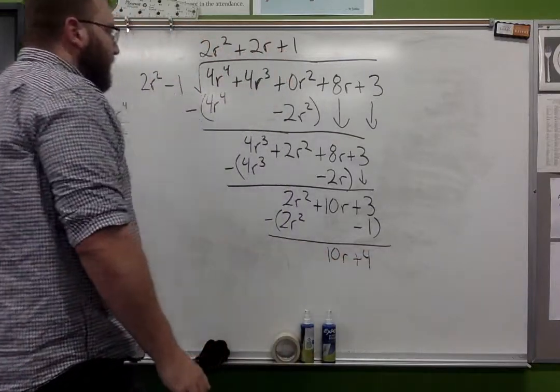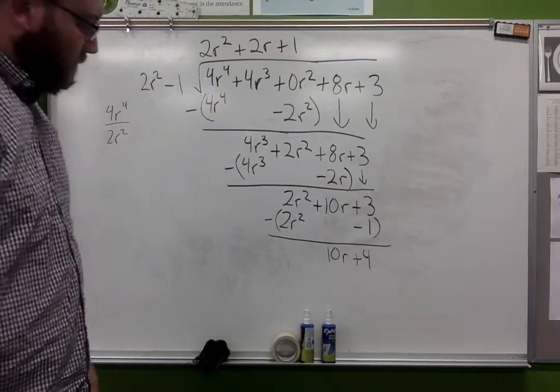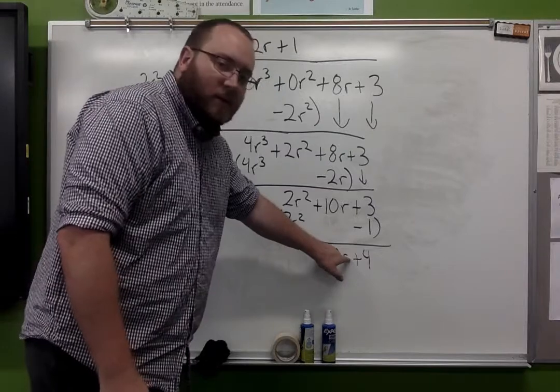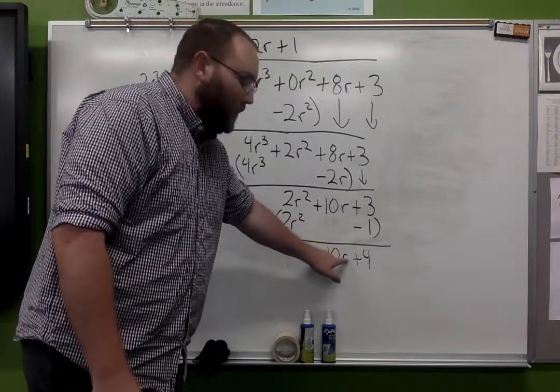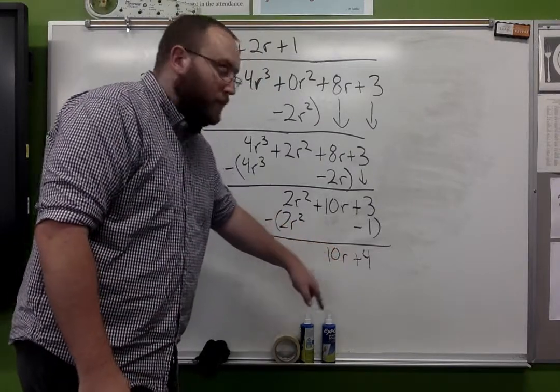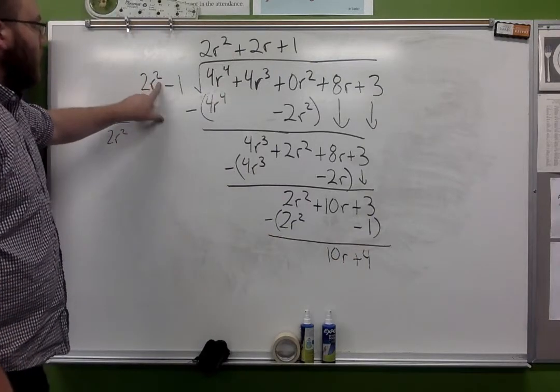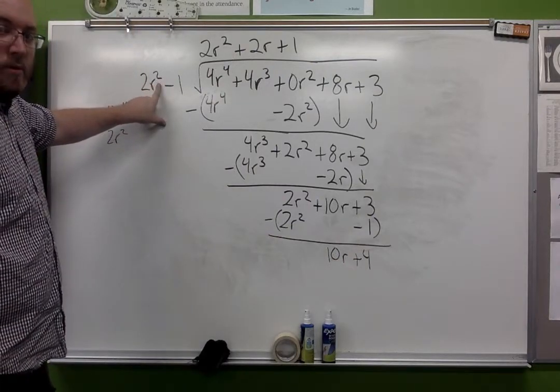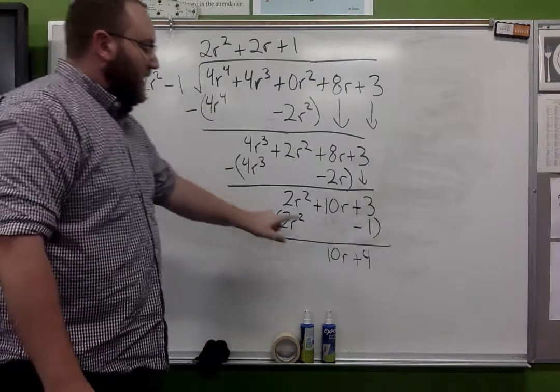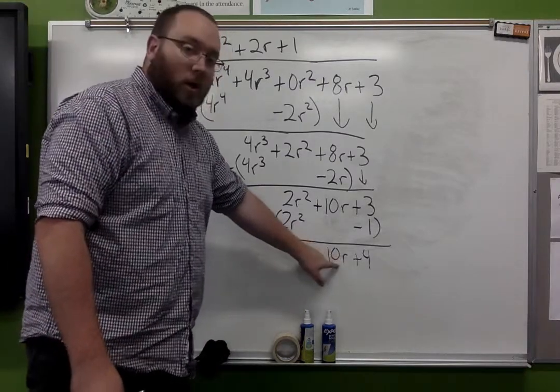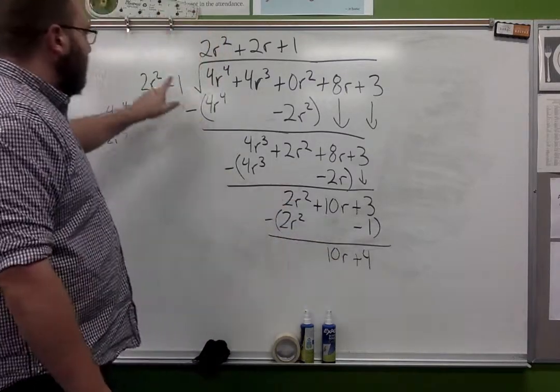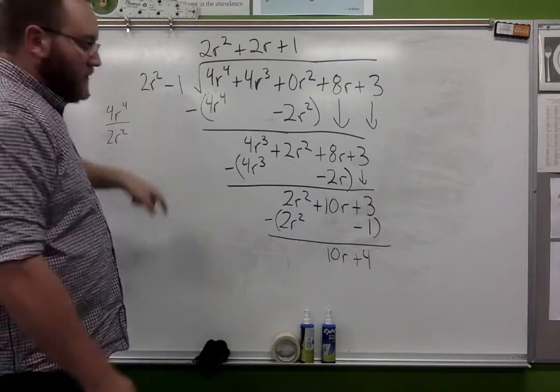Now, if you look at the degree, or the exponent of your r here, it's a 1. Look at your divisor's degree here. It's a 2. We cannot divide any further because this is smaller than your divisor. So this right here is our remainder.